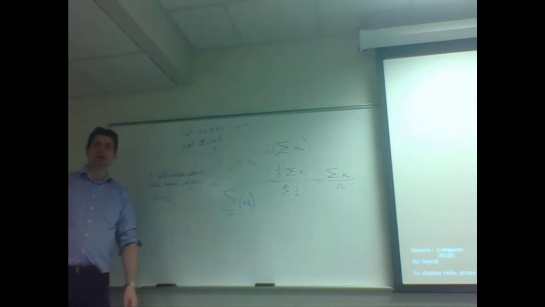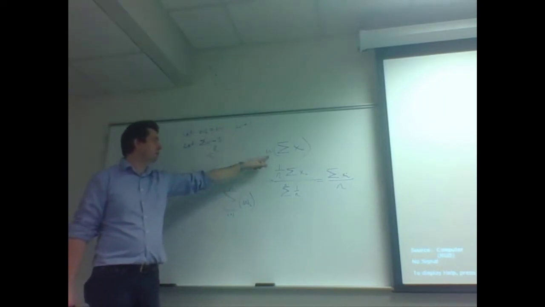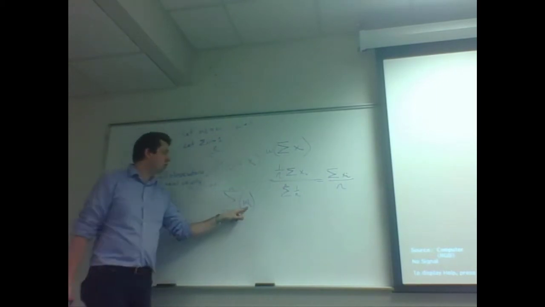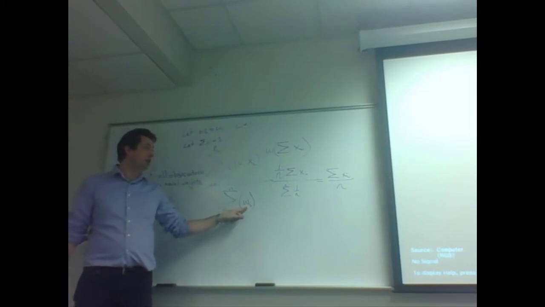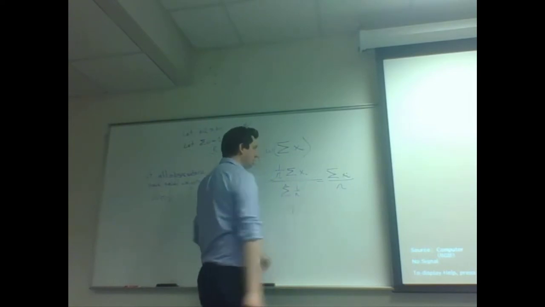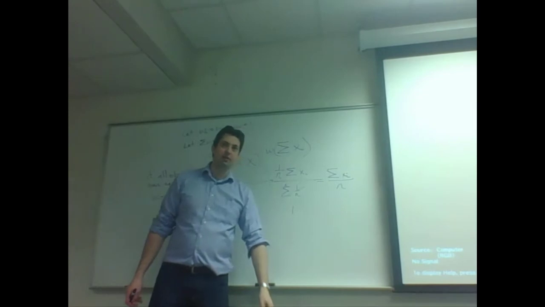We have an arithmetic average. So everyone see how we got from there to here? The weights were the same. If the weights are the same, we can factor it out, and they have to be 1/n. If these weights are all 1/n, then 1/n added together n times is just 1. And so then we just put that in the denominator, and we have the sum of everything divided by n.